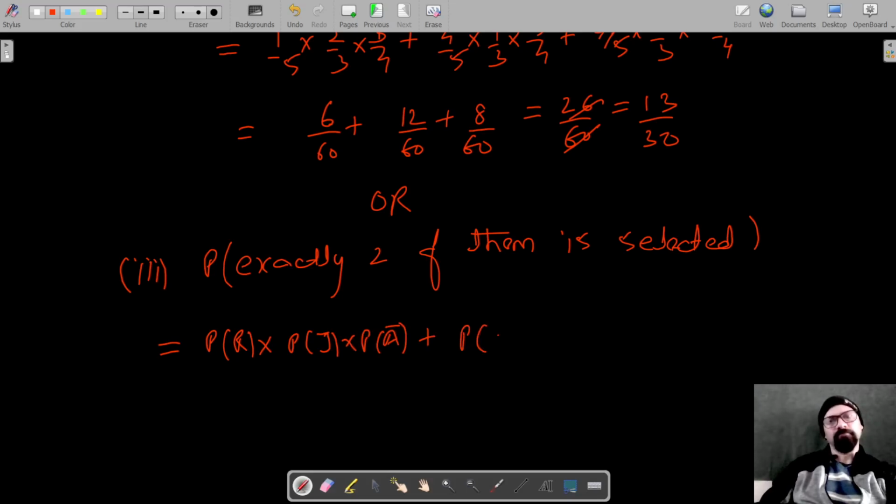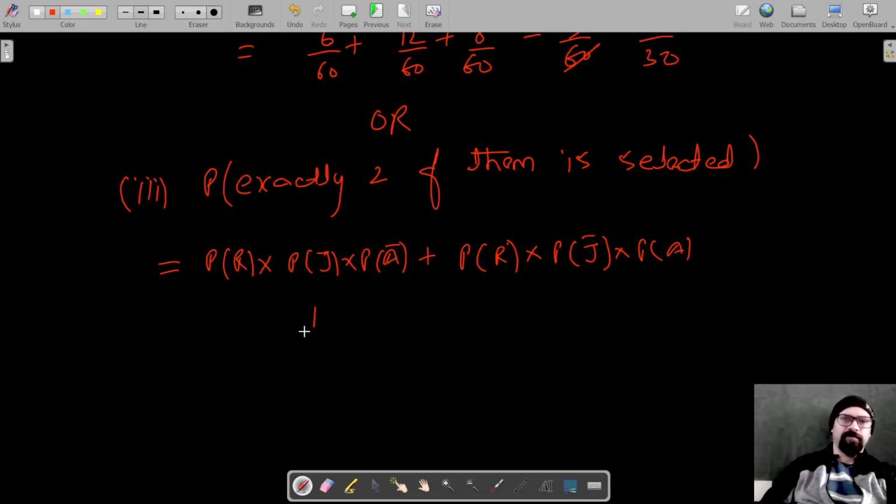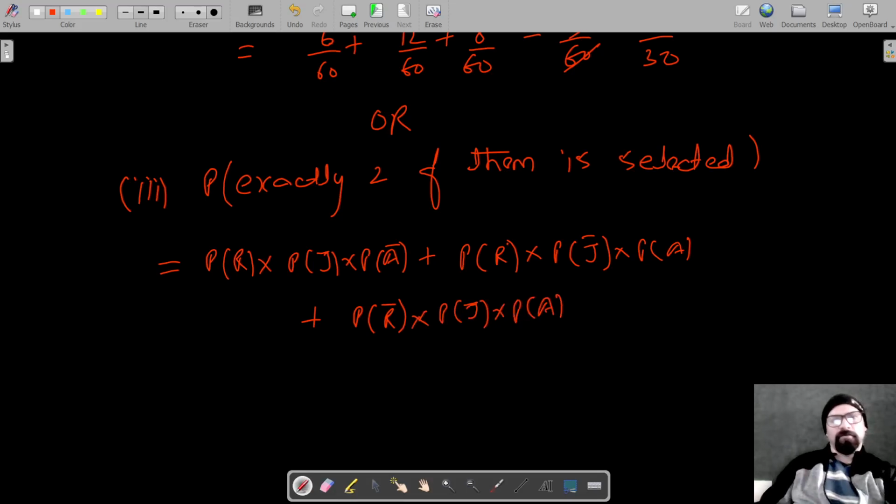Or Rohit is selected, Jaspreet is not selected, and Alia is selected. Or Rohit is not selected, and Jaspreet and Alia are selected.